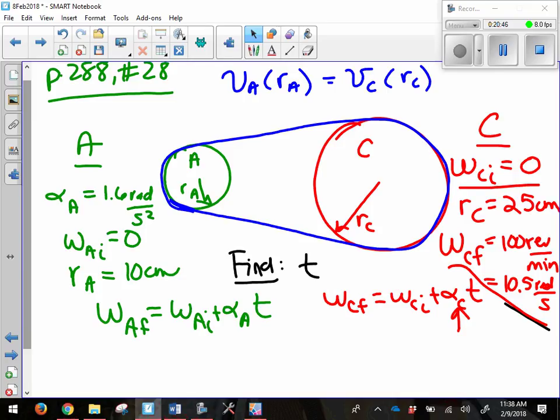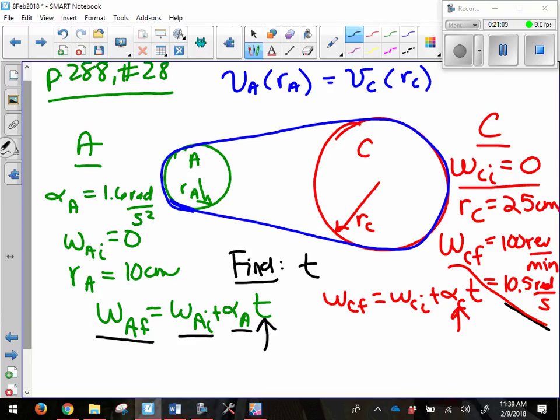So I know what this is because it's 0. I know what this is because it's given to me. I want to find that. So if I could take some kind of side trip again and find omega A final, then I could use that equation and find the time. Either way, I have to take a side trip.